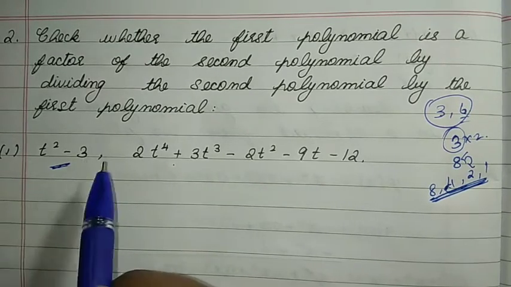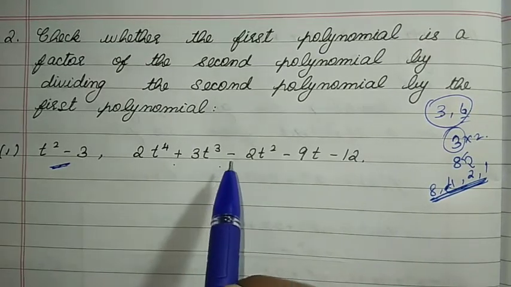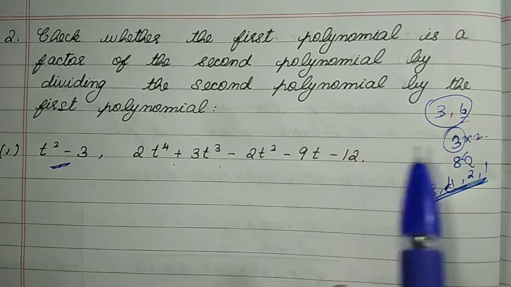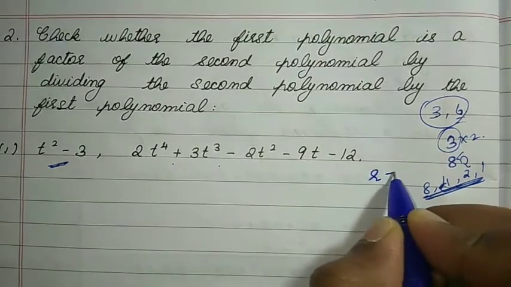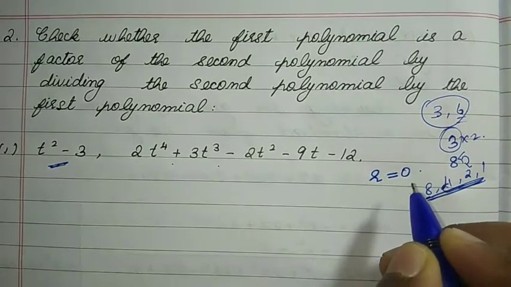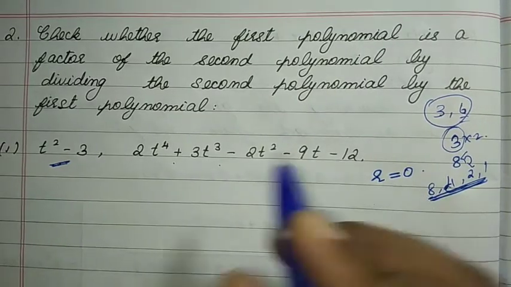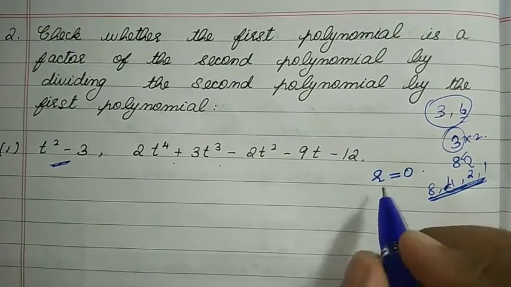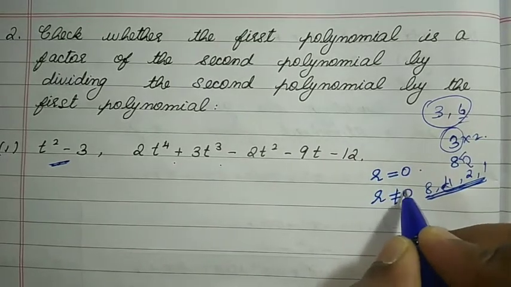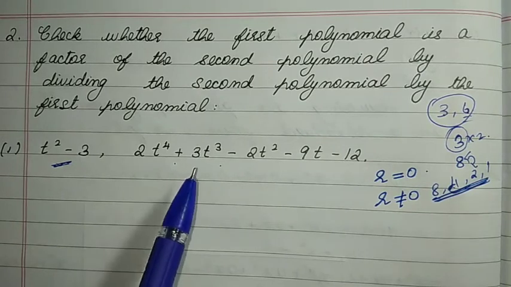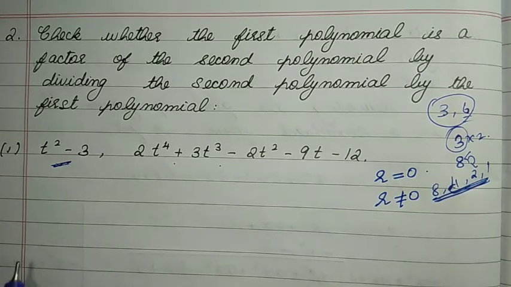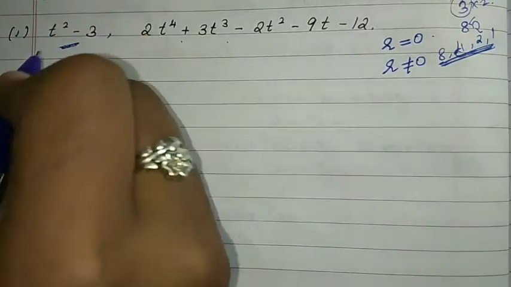If we multiply with something, we will get this polynomial or not, we have to check, and if it is a factor, then the remainder should be equal to 0. Then it is called a factor of this polynomial. If r is not equal to 0, then we will say that this polynomial is not the factor of the second polynomial.